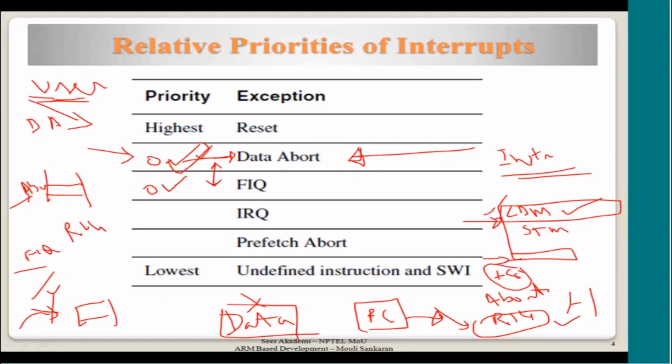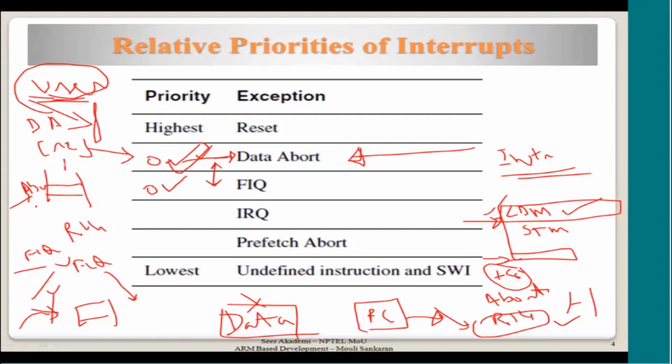So the reason for causing the data abort is something to do with the user's code, nothing to do with the FAQ or FAQ's handler. Okay, FAQ handler can be executed without any problem. Even it can have some load store or whatever. It may not have problem. The problem is only with the user code, where the user has put some value in some base register. Maybe it is R2.